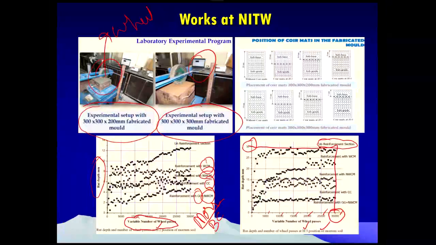You can see the same with the woven coir mat and non-woven coir mat. For the same wheel passes, reinforcement with geogrid plus non-woven coir mat yields a 5 mm rut depth. So there is a huge enhancement in the life of the pavement.